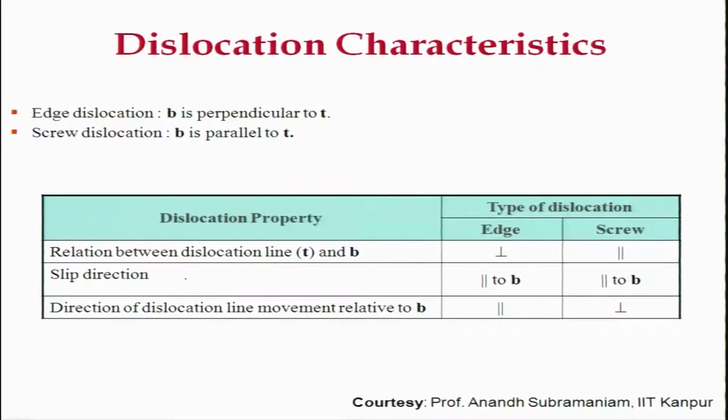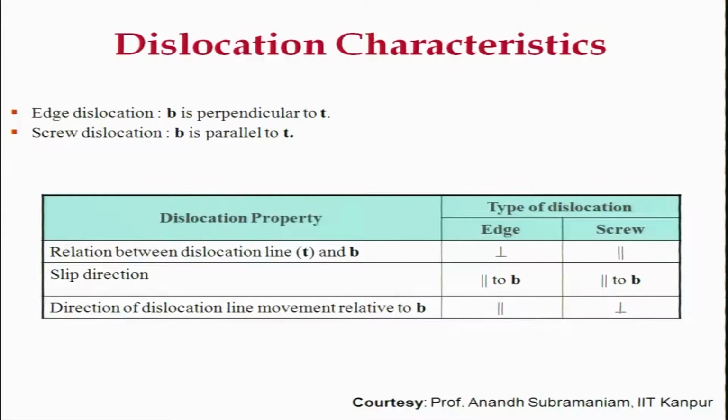The slip direction, the direction along which the dislocation line moves, is parallel to the Burgers vector in the case of edge dislocation, and is parallel to the Burgers vector again in screw dislocation. So movement is parallel to the Burgers vector in both cases. The direction of dislocation line movement relative to the Burgers vector is parallel in edge dislocation and it is perpendicular in the screw dislocation.